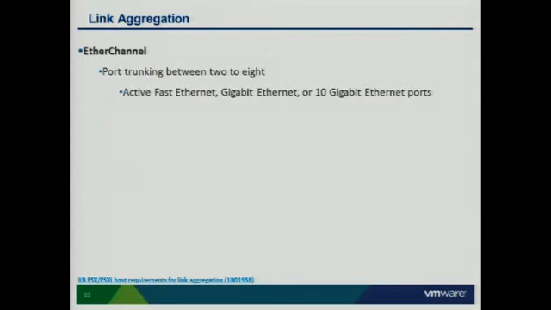So we're going to talk about link aggregation now. How many folks are familiar with configuring EtherChannel? Okay, we've got a few folks here. So we'll go over some concepts with it. EtherChannel in general is port trunking between 2 to 8 active Fast Ethernet, Gigabit Ethernet, or 10 Gigabit Ethernet ports.